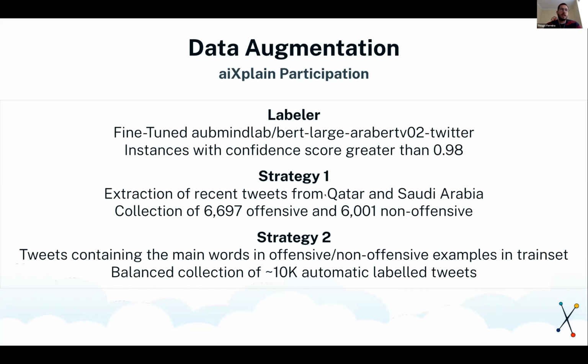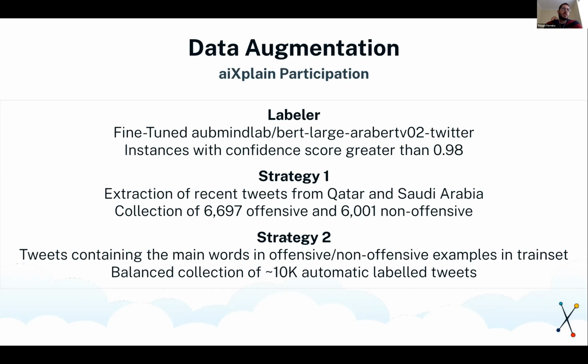We used two strategies. In the first one, we extracted recent tweets that were published from Qatar and Saudi Arabia. We collected 200,000, a really large number, and then we labeled them and managed to come up with an additional corpus of around 6,000 offensive and non-offensive tweets.